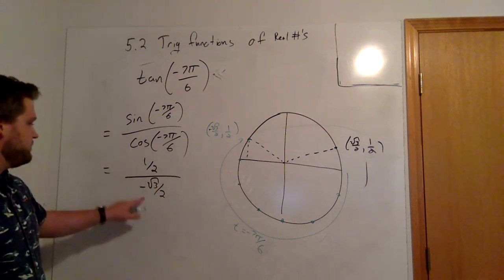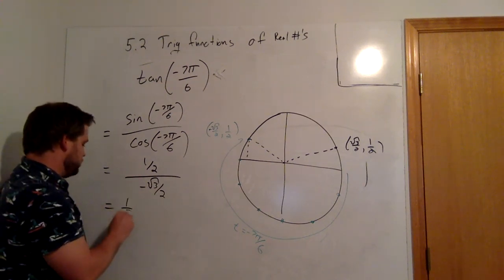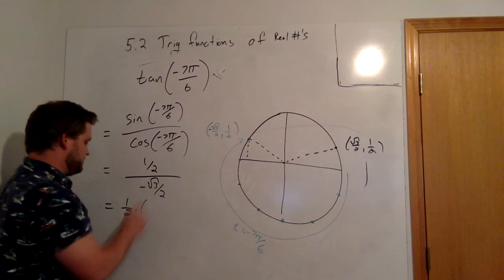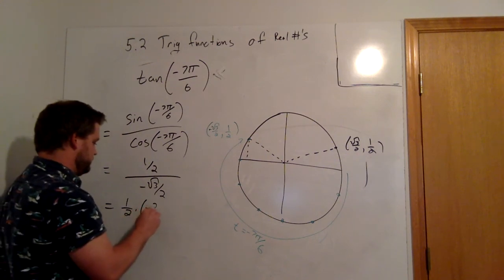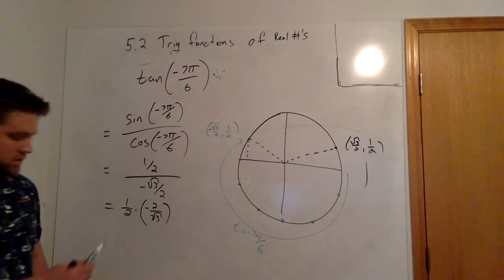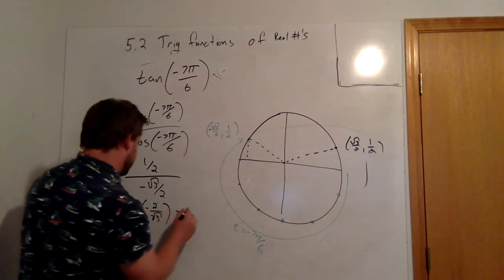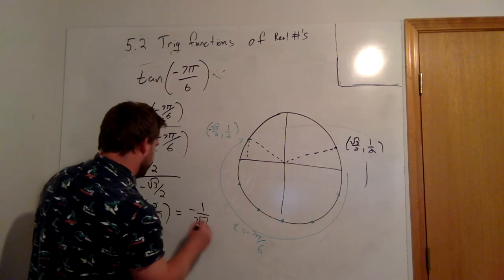So remember, when we divide fractions, we flip and multiply. So this is 1/2 times a negative 2 over root 3. Let's notice that these 2's will cancel out, and I'll be left with a negative 1 over root 3.